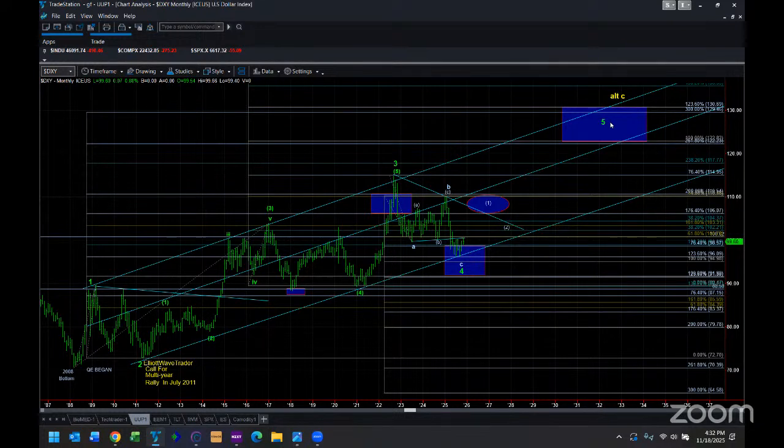So where most people are calling for the end of the dollar right now, folks, I'm looking for a sizable bounce at a minimum, but more likely it will be the start of another major multi-year rally in the dollar. So no, I'm not looking for the end of the dollar as we know it right now.